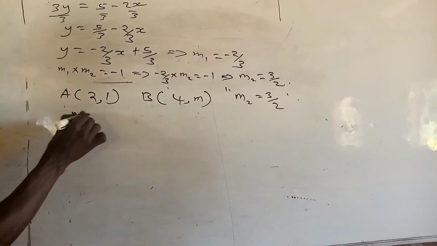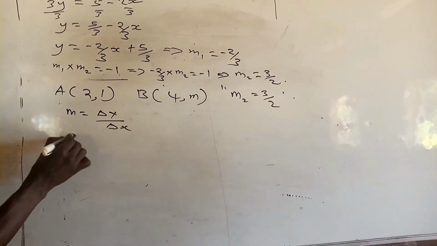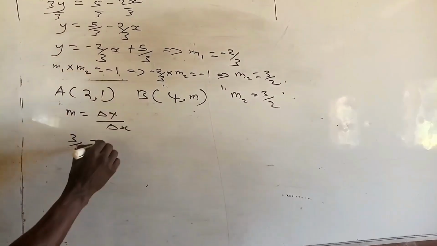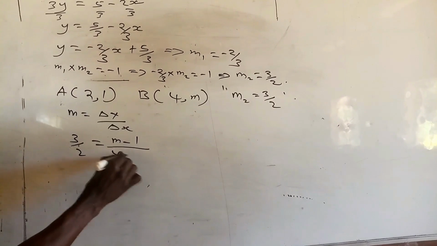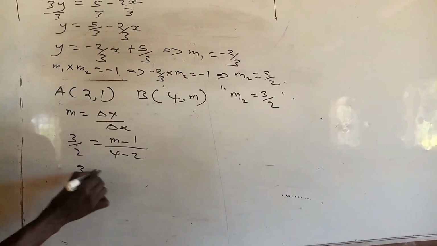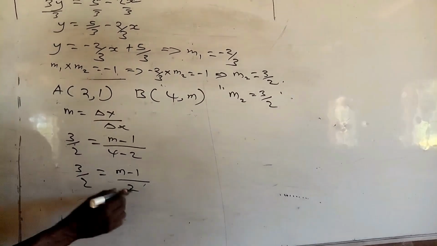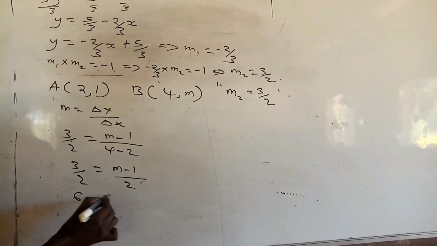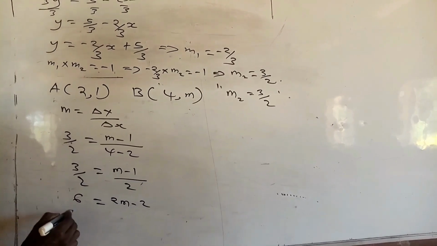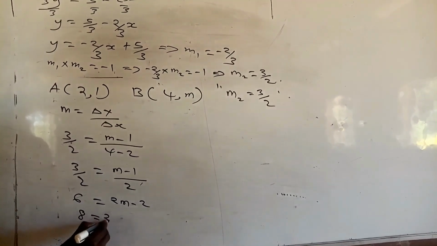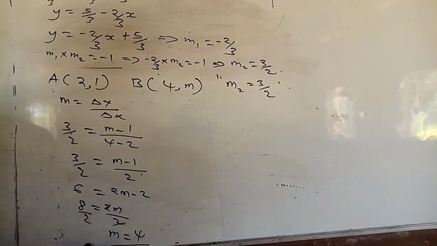The gradient is given by change in y over change in x. Therefore, m2, which is 3 over 2, is equal to m minus 1 all over 4 minus 2, which is 2. We can go ahead and cross multiply, we get 6 is equal to 2m minus 2. Bringing this to this side, we have 2 plus 6, which is 8, is equal to 2m. Divide both sides by 2, and we get m to be 4.